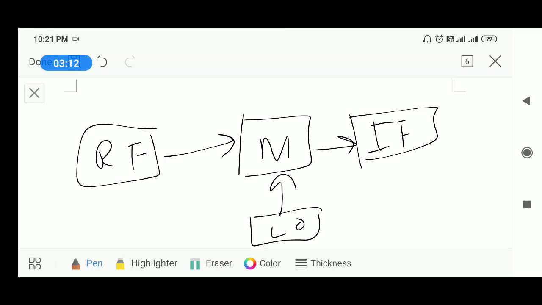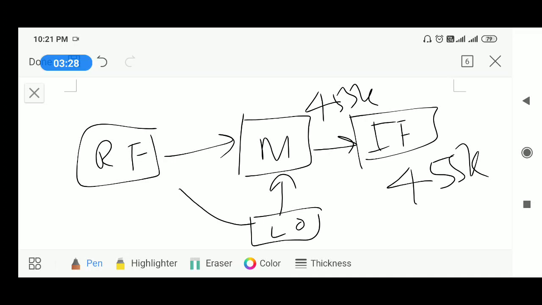The purpose of the IF amplifier is to amplify 455 kHz only, and it does not amplify other frequencies. For that, the mixer generates only 455 kHz by subtracting the RF amplifier frequency from the local oscillator frequency. The local oscillator frequency is indicated by F0, and the RF signal frequency is indicated by Fs.